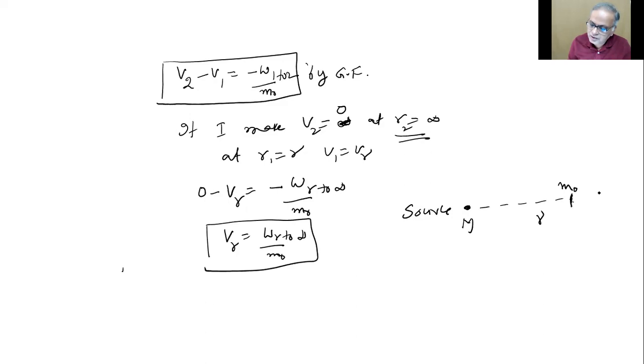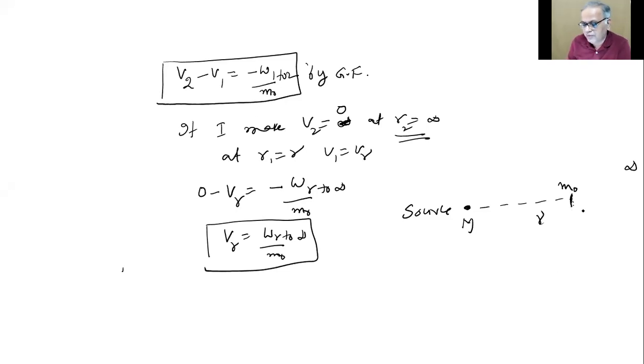So taking it from here to infinity, whatever work the gravitational field does as this body is going from r to infinity, divided by this m naught will give you the potential here. This is the meaning of it.